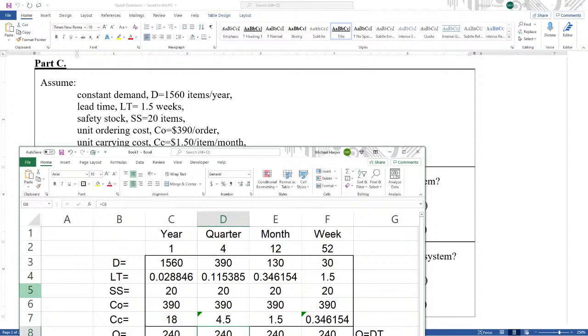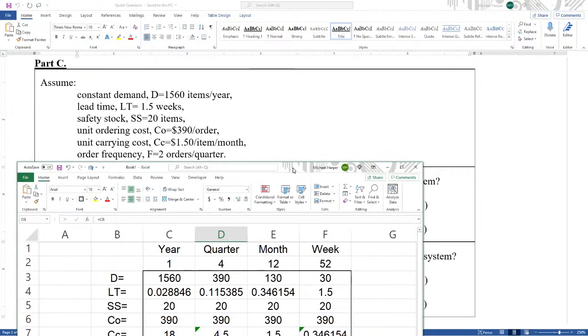So there's part C here. There's 1560, and there's the lead time. There's the safety stock. There's the ordering cost, and then this turns out to be our carrying cost. I think all these changed, so we're good to go.